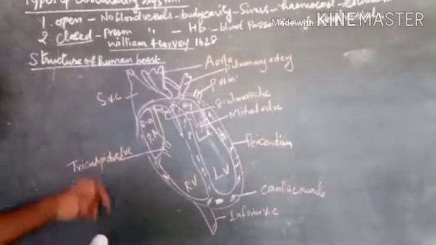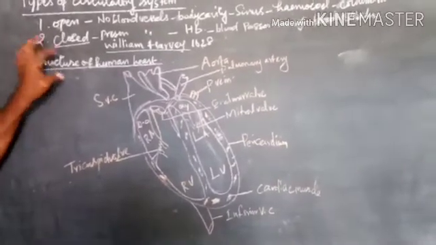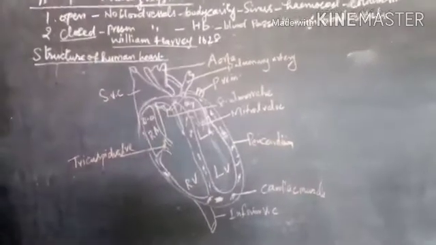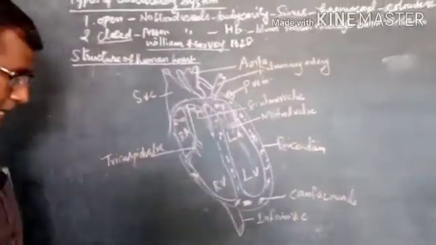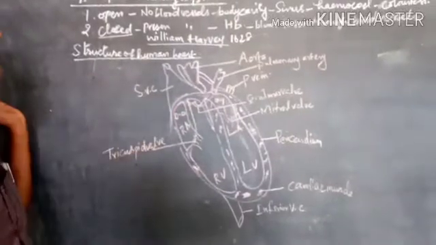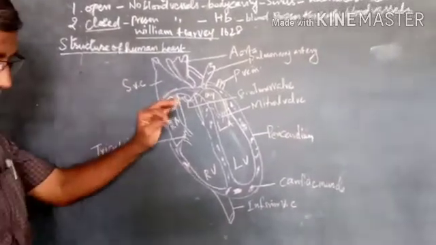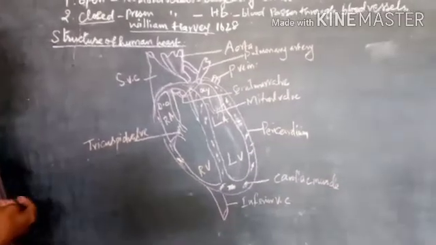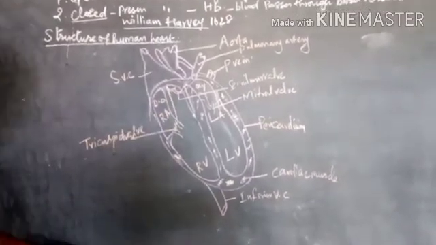The human heart is a pumping organ which pumps blood into the blood vessels. The human heart is situated between the lungs, slightly tilted to the left, and above the diaphragm in the thoracic cavity.